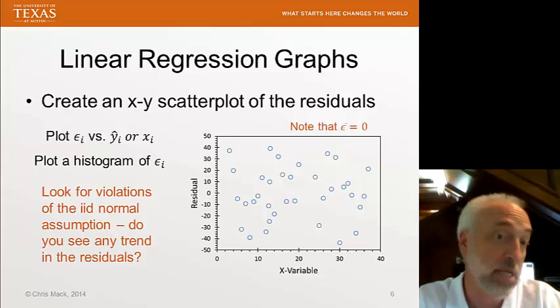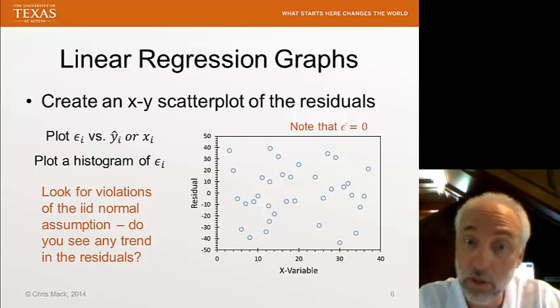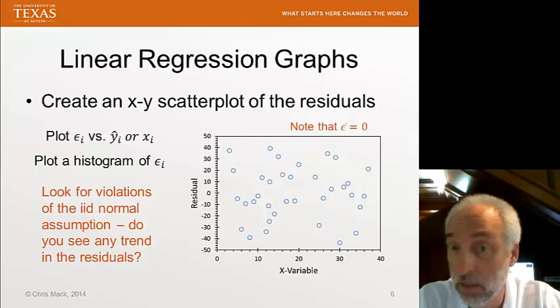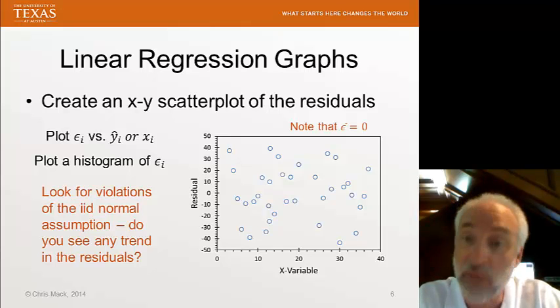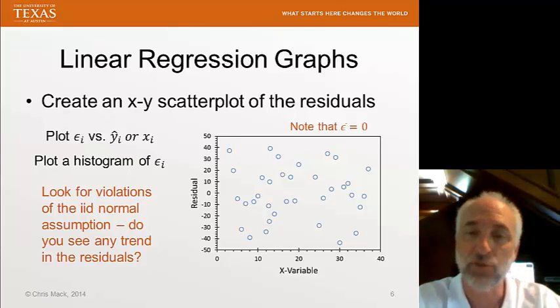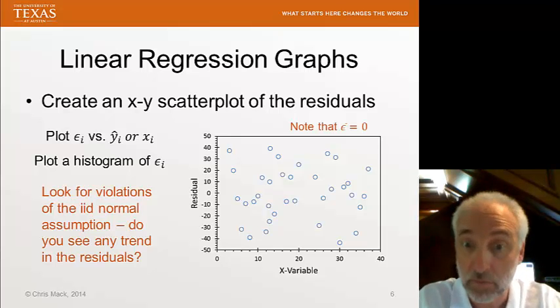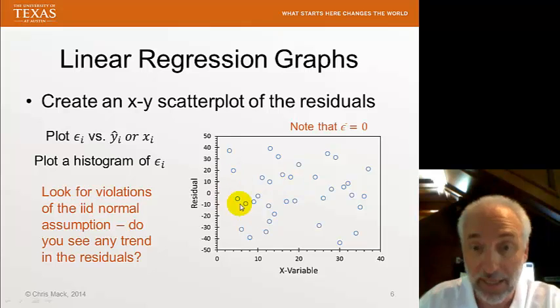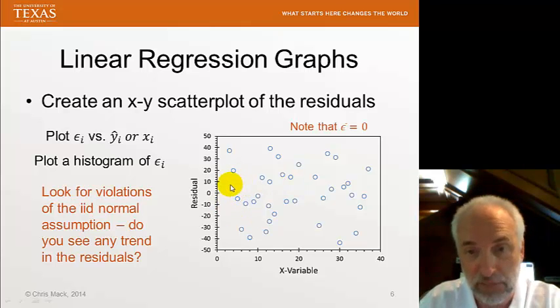If I see a trend that looks higher order, quadratic or something, then that probably means my data has some trend in it that isn't being captured by a simple linear model. I might also find that the spread of data at, say, low X values is smaller than the spread of data at high X values.